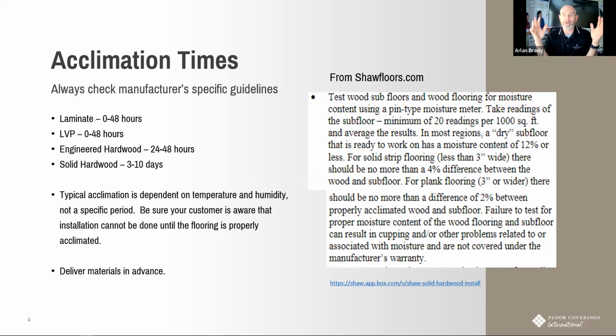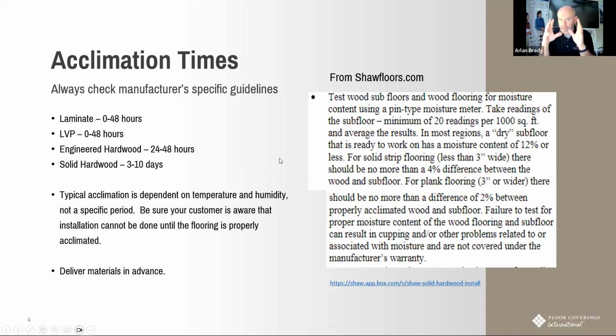It was under a cover, so it didn't get rained on, but it absorbed all the humidity in the air. And when I tested it, it was at 30. Well, I've got a subfloor at 20. I've got this at 30. That's 10 points off. I cannot install the floor until those two numbers are within 2 points of one another for a wide plank, or 4 points for a strip floor.